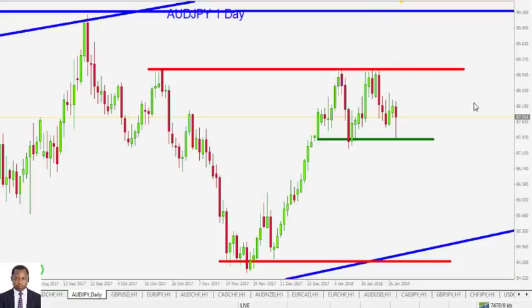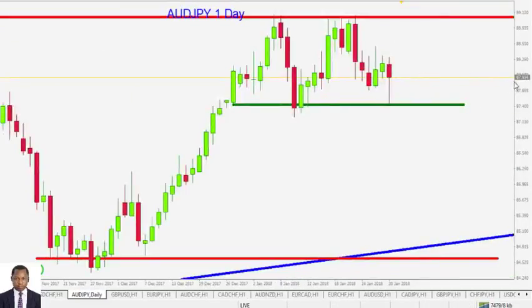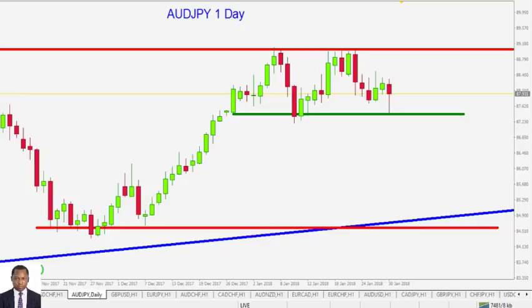Australian dollar against the Japanese yen. This one is another one where we got that rejection of that area of support. This is a good rejection candle. The hint here is that the next directional bias is going to be to the upside. That's the hint for the Australian dollar against the Japanese yen. Anyway, that's not going to be that easy to just push to the upside. It's a small range.